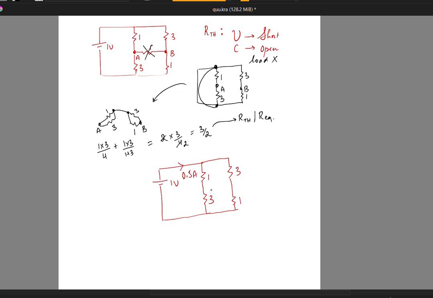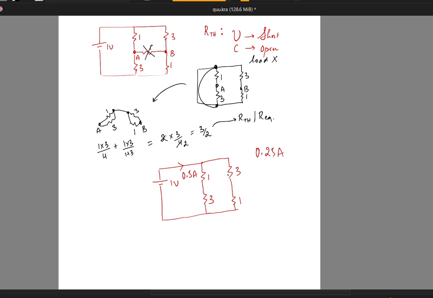Yeah. Now we'll have to understand how the current is splitting across this branch and this branch. Now, one thing to note is both the branches have an equal distribution of resistors. So both the branches will receive the same amount of current, which is 0.25 amperes. Yes.